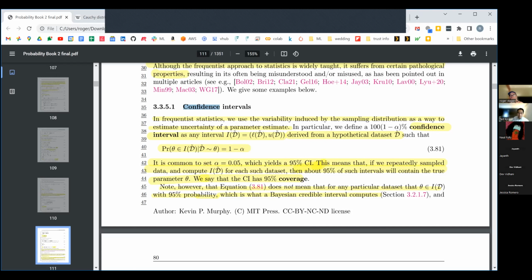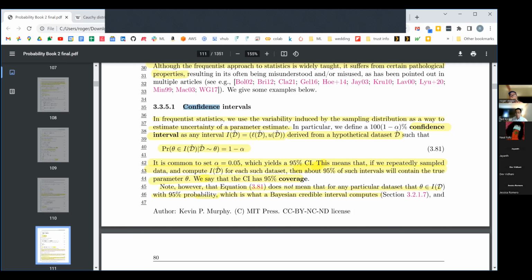The frequentist thing, which the author is calling counterintuitive, is that you're treating the parameter as some hidden true unknown, and you're saying 95% of the time my data will cover the true parameter. But that's not the same thing as saying there's a 95% chance that the parameter is in this range.